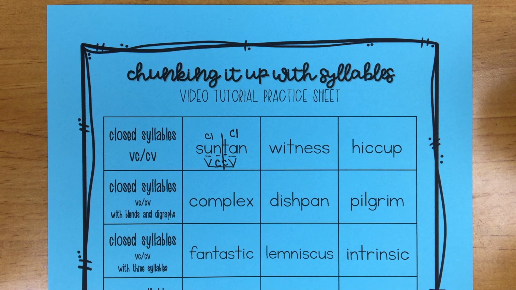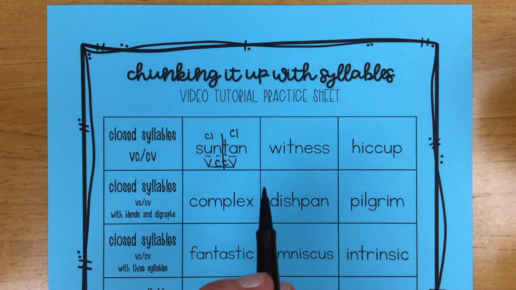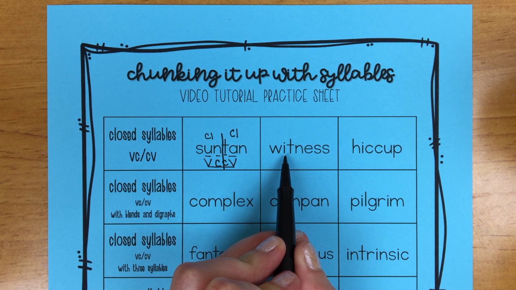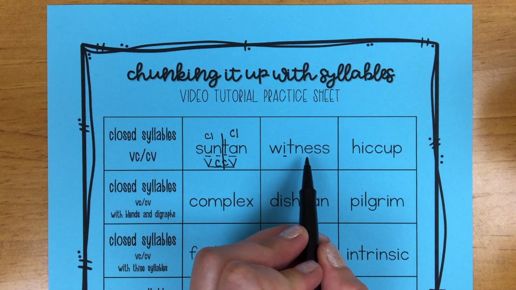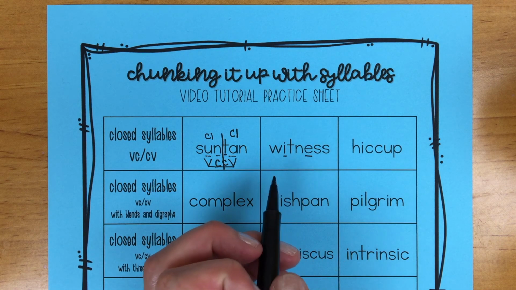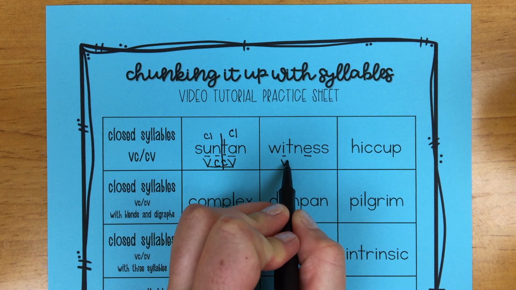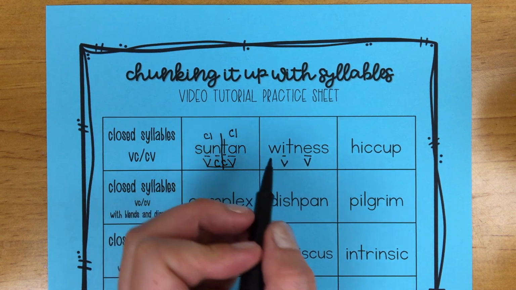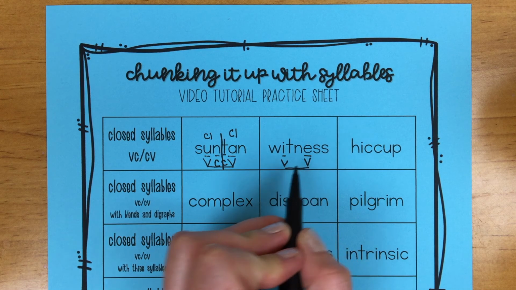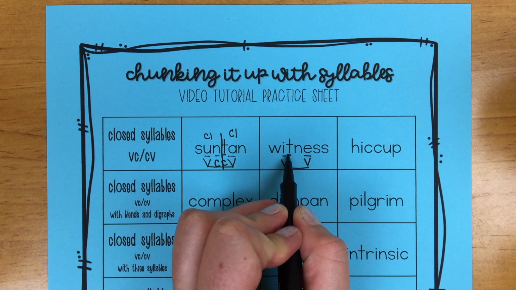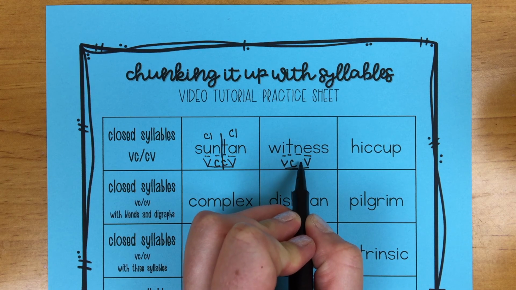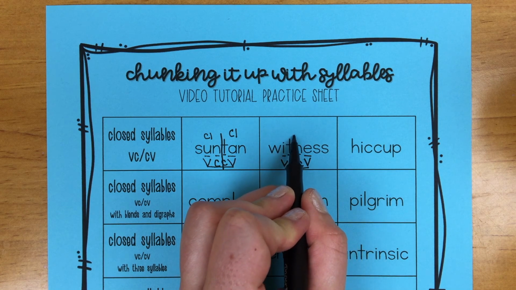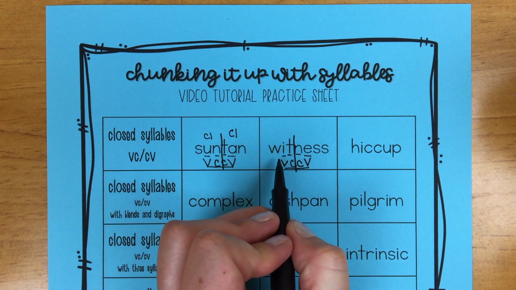We can now try this one together. So again, we're going to underline the first 2 vowel sounds, label them with V's, build a bridge, find the 2 consonants, label them, and divide between them.